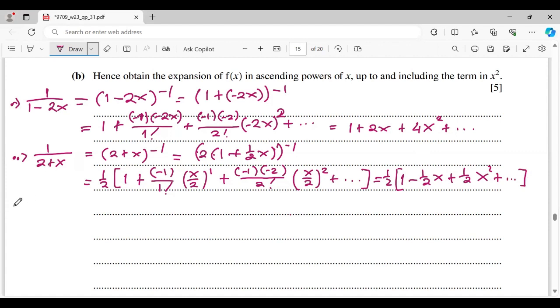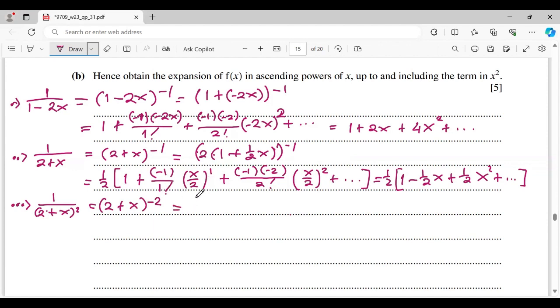And the third is 1 over 2 plus x squared, or 2 plus x power minus 2.